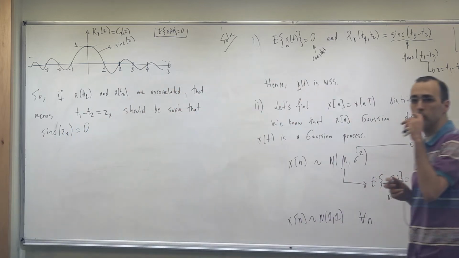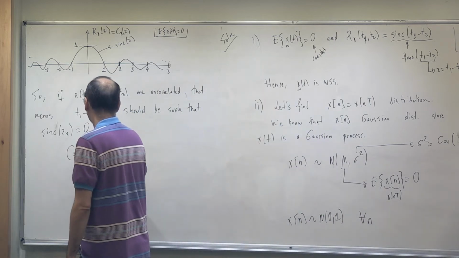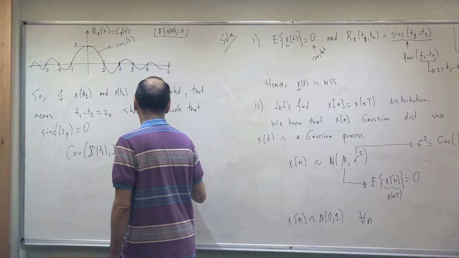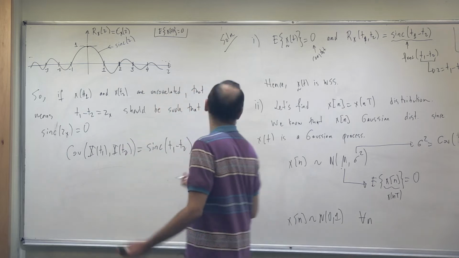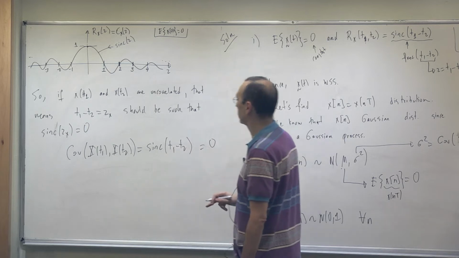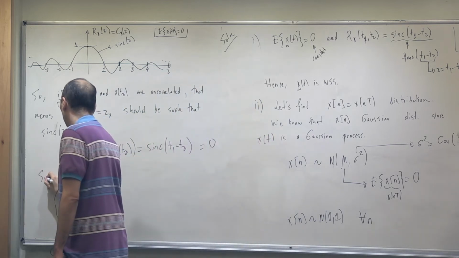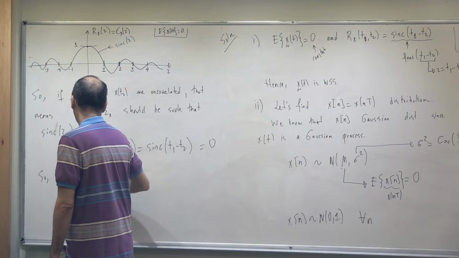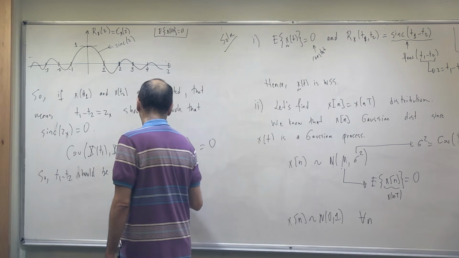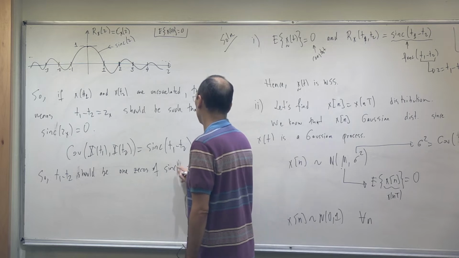Do you agree? Something extremely simple. The covariance of x(t1) and x(t2) is equal to sinc of t1 minus t2. So this can be equal to 0 if and only if this time difference should be one of the zeros of the sinc function.